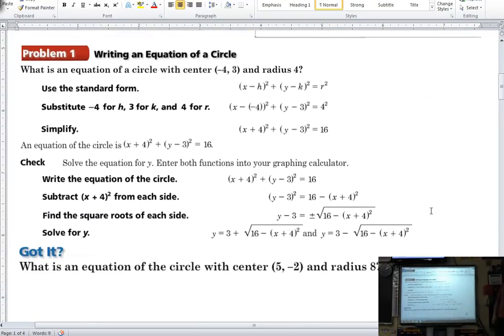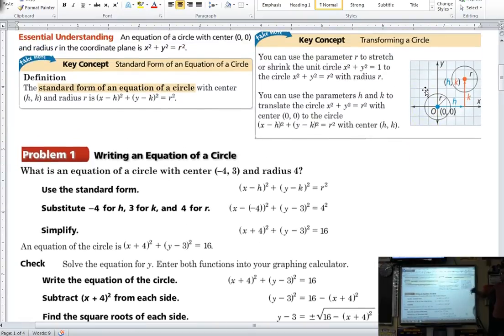So what we want to do is get to a point where we know what y equals. This process goes through how to do that when we have an h and a k, when we've had a horizontal shift and a vertical shift. But before we get to this, let's talk about what would happen if we didn't have a horizontal or a vertical shift. We're at the origin, we choose a radius. How can I type that in my calculator?